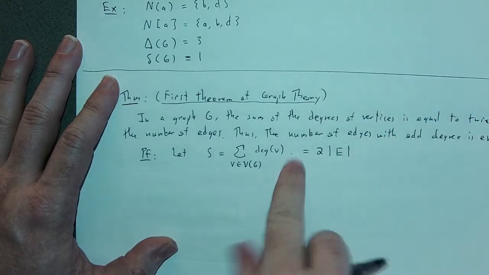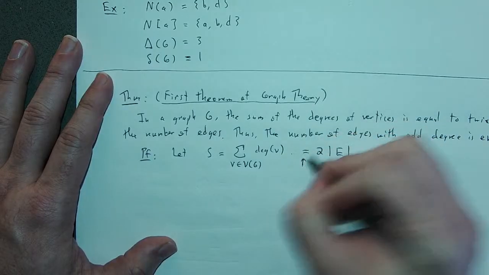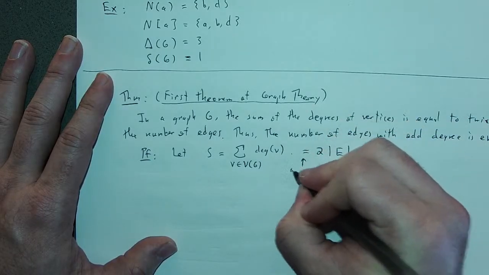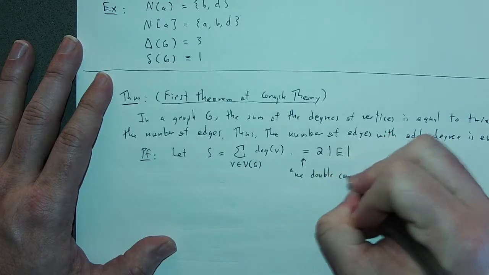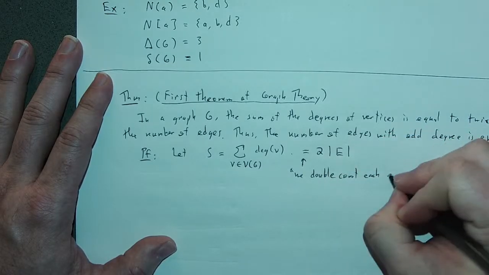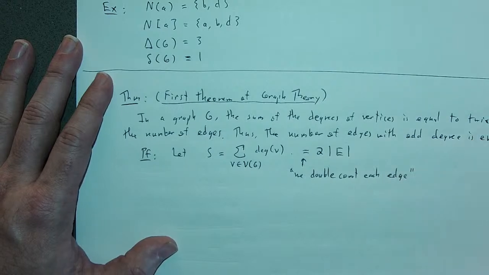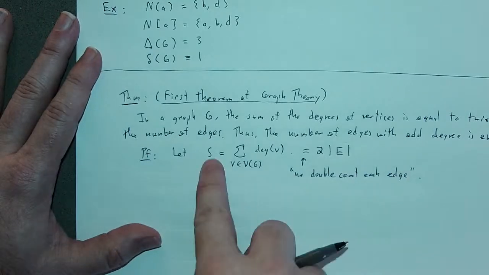Now, it looks like I've just argued from nothing, but those words I just said are the reason why. So we double count each edge when we sum the degrees. Okay? But this means that S is even.